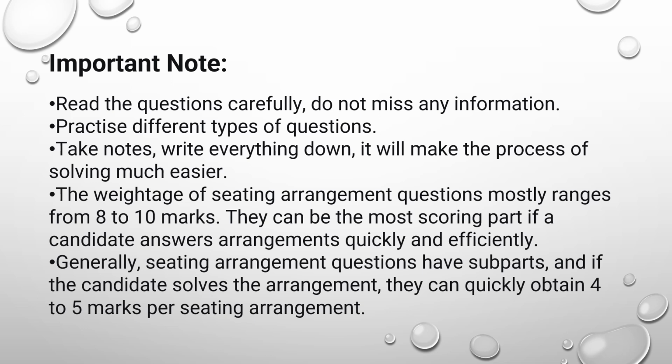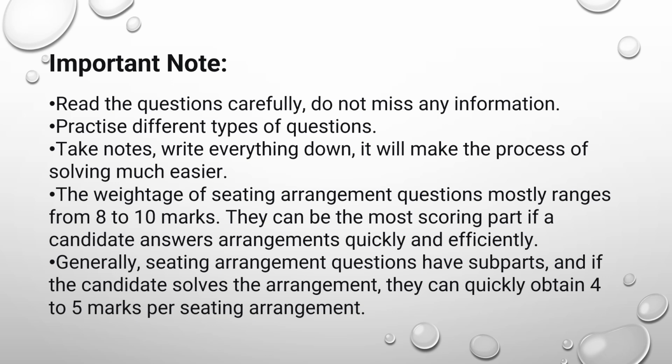They can be the most scoring part if a candidate answers arrangements quickly and efficiently. Generally, seating arrangement questions have subparts, and if the candidate solves the arrangement, they can quickly obtain 4 to 5 marks per seating arrangement. It is the same as we have seen in reasoning questions.